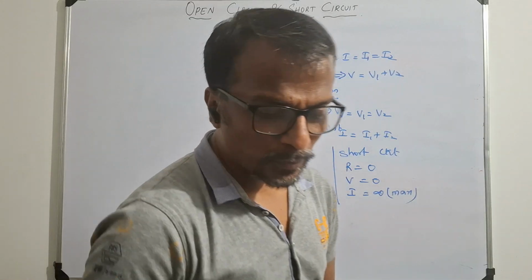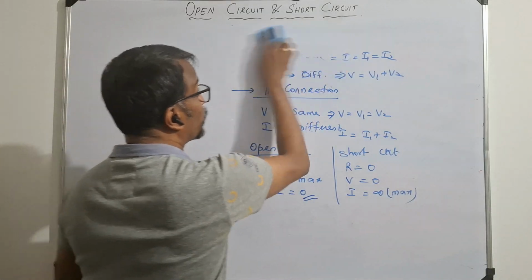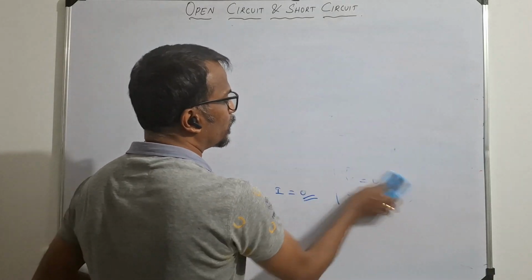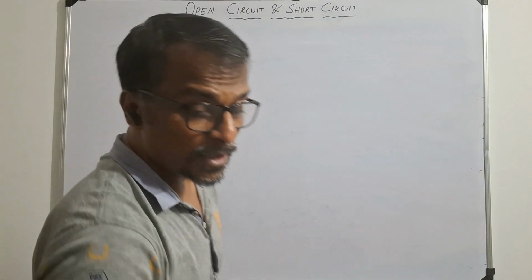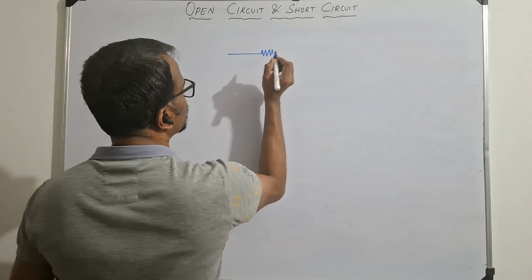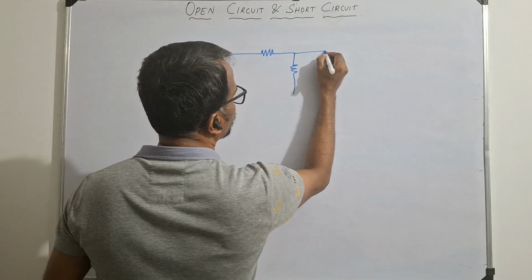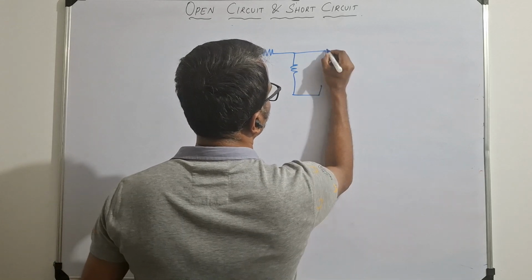So, before coming to the next session, I will give you one small assignment. Try to solve it and mention the answer in the chat box. Assume we have a series resistance and a parallel branch, and we have one open circuit here.